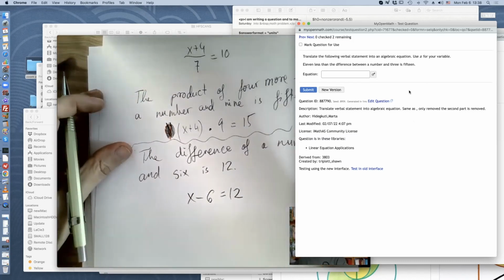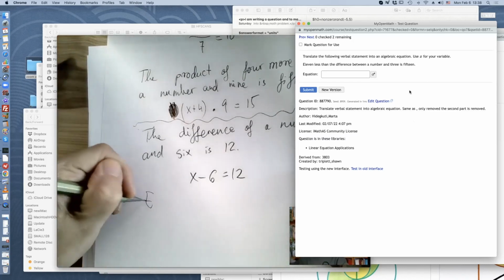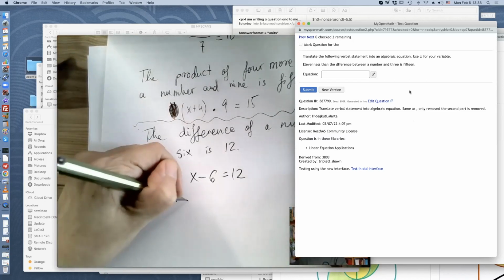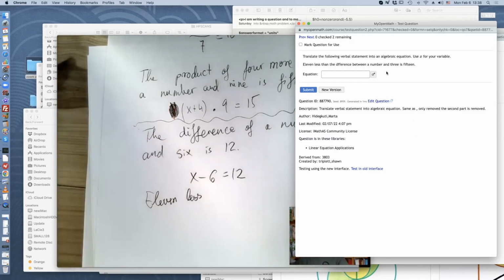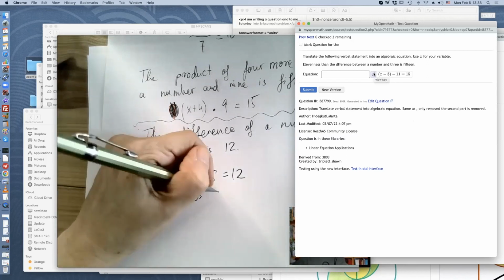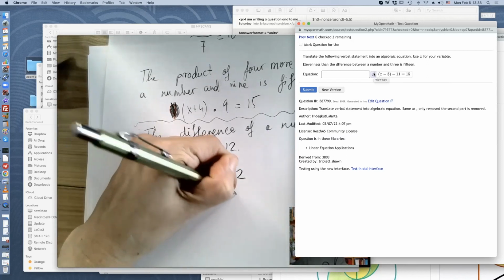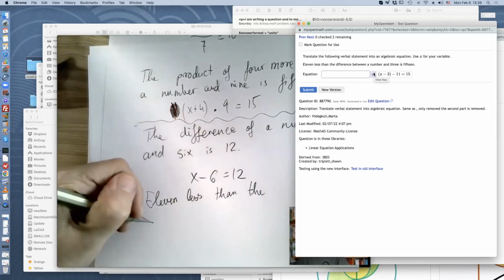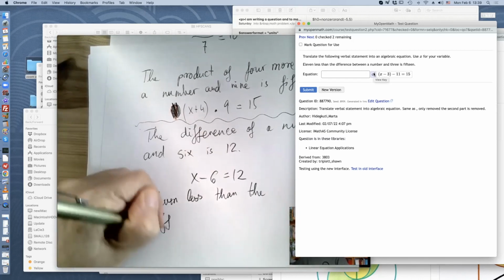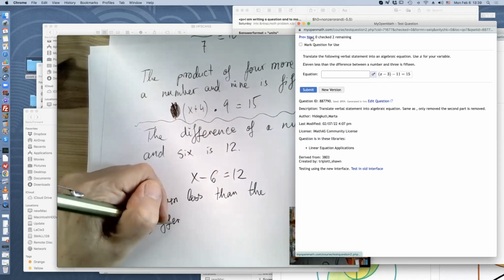Excellent. Oh, I forgot to write it down. Perfect. 11 less. There it is. Lovely. Okay, if I push next, we'll never see that one again.